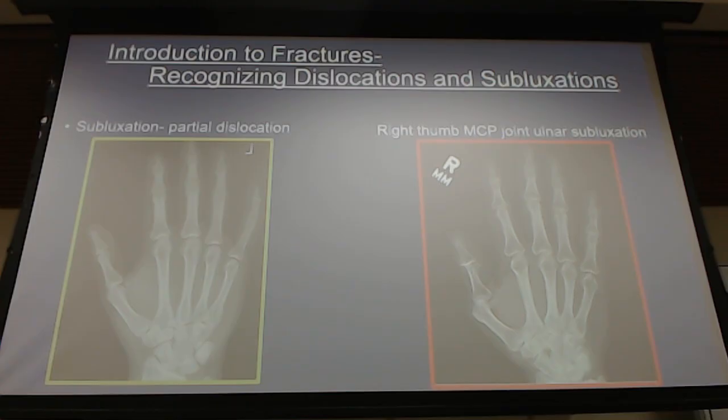And when it's more complete, then we've got a full dislocation. In the case of the hand on the left diagram, sometimes you cannot tell if there is a partial subluxation. In this case, you may have to rely on your expertise in reading radiographs, or you look at your radiologist report, okay?